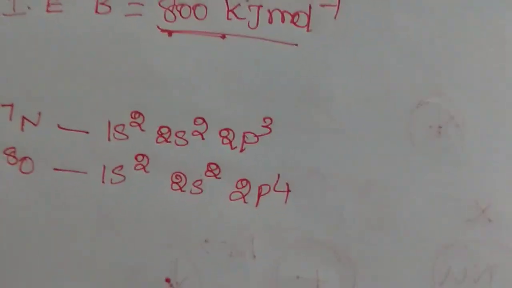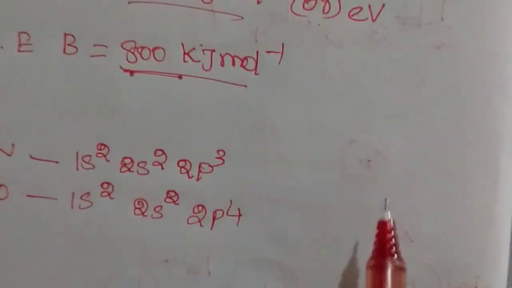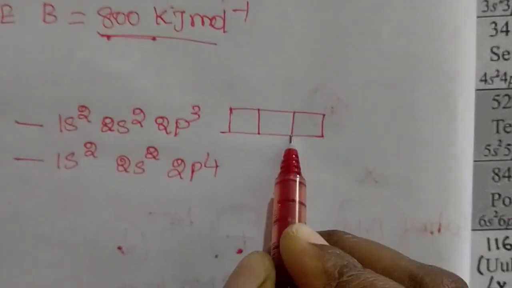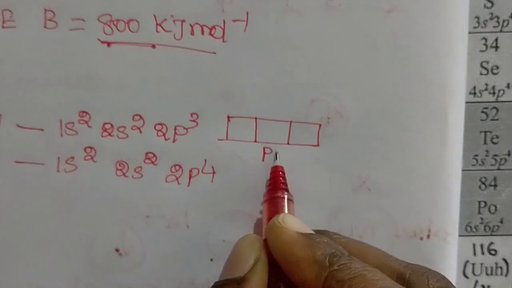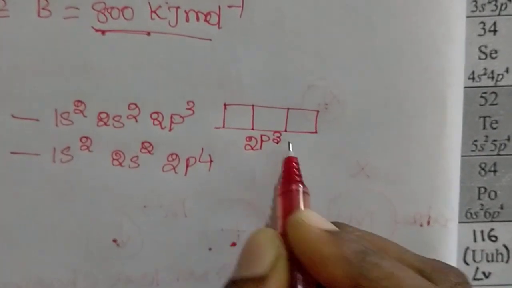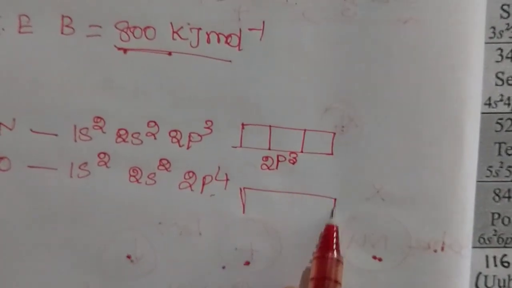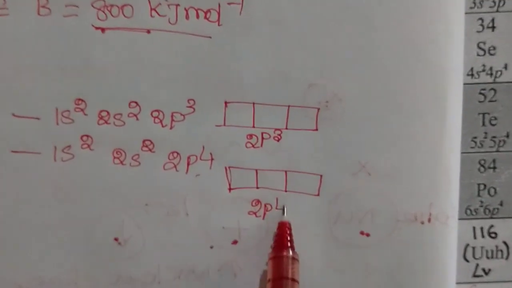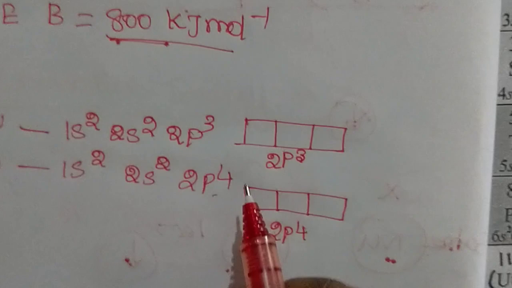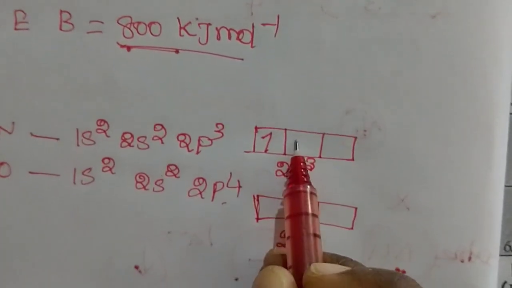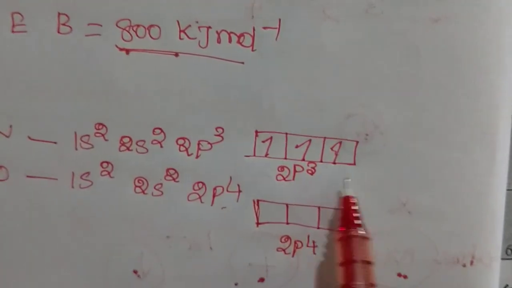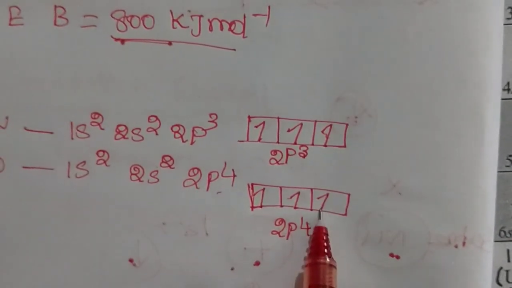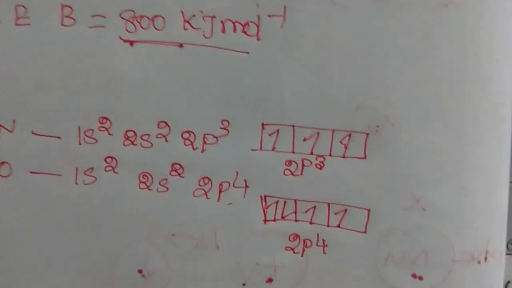Now write the valence shell orbital box-wise. So this is 2p3, this is 2p4. Now fill the electrons in it. 1, 2, 3, because only 3 electrons. Here you fill 1, 2, 3 and 4.